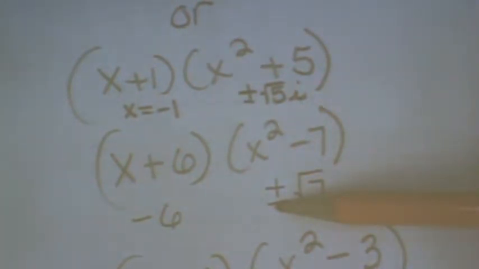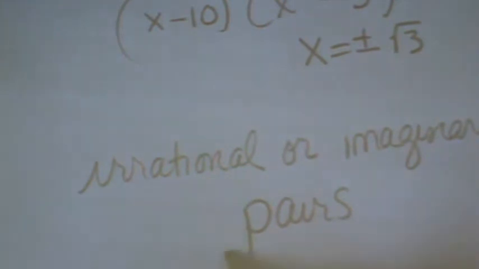So anytime, and you can try a zillion cases, anytime you have an irrational or an imaginary, they come in pairs. Always. They're always in pairs. So if I give you this zero, what kind of zero is this? Is this rational? No, it's irrational.